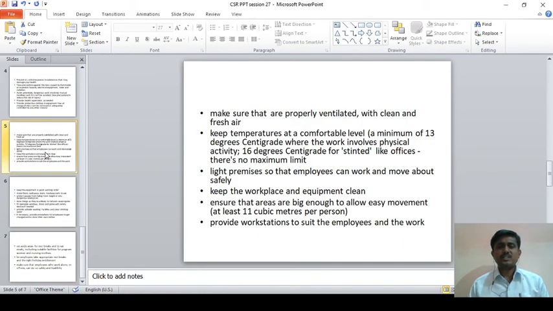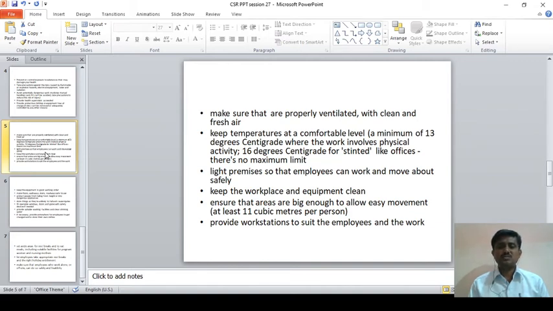And next one is keep temperatures at a comfortable level, and light premises so that employees can work and move about safely. Keep the workplace and equipment always clean. Ensure that areas are big enough to allow easy movement, that is at least 11 cubic meters per person.